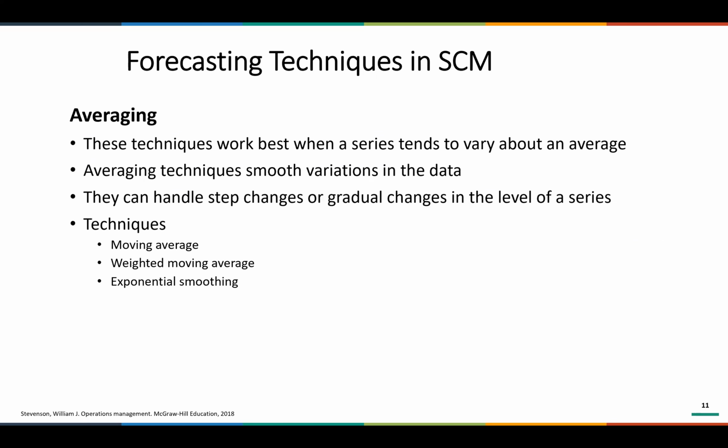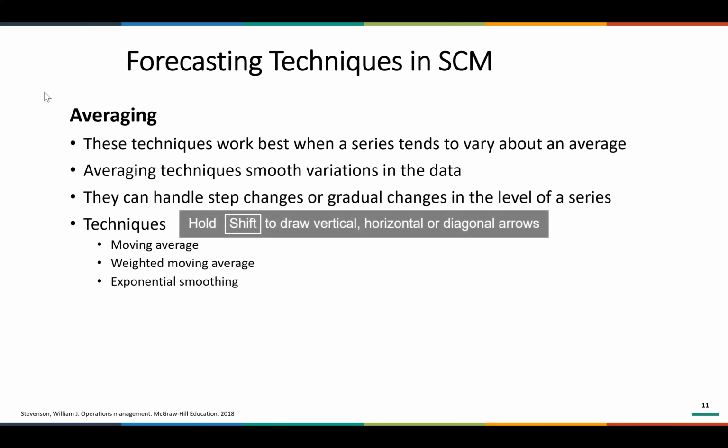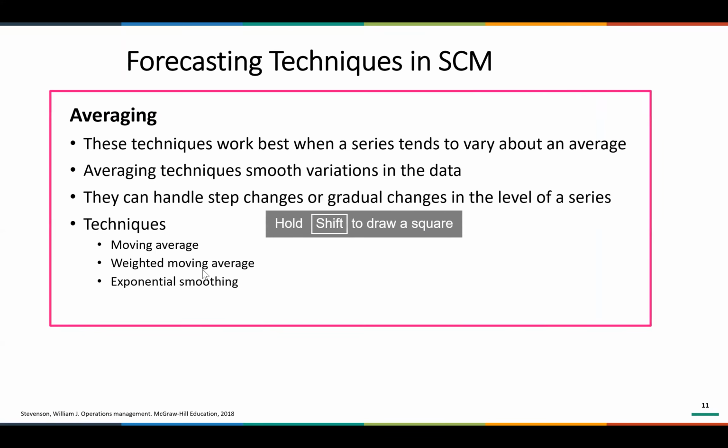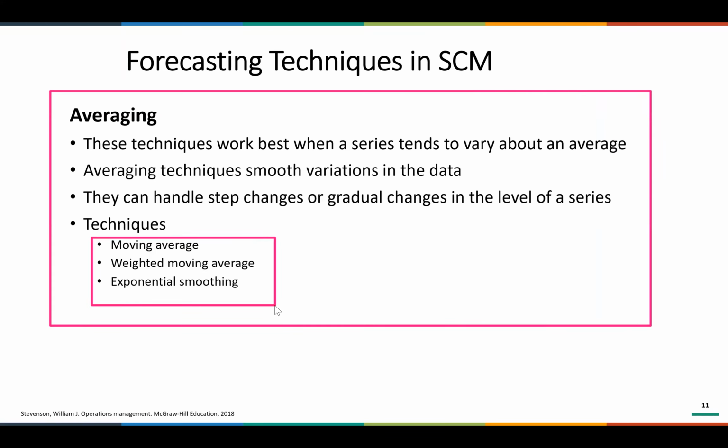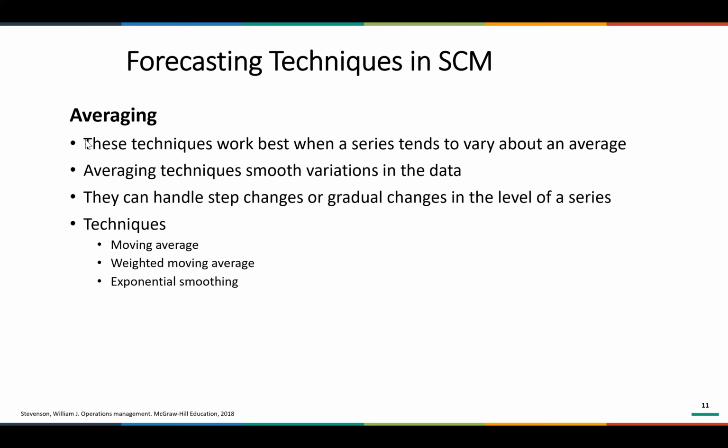And then another one is the averaging techniques. We have several types: moving average, weighted moving average, and exponential smoothing. Basically, it uses an averaging approach to help smooth the forecast number for the next period.